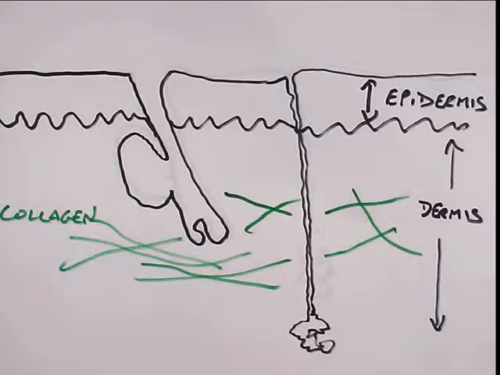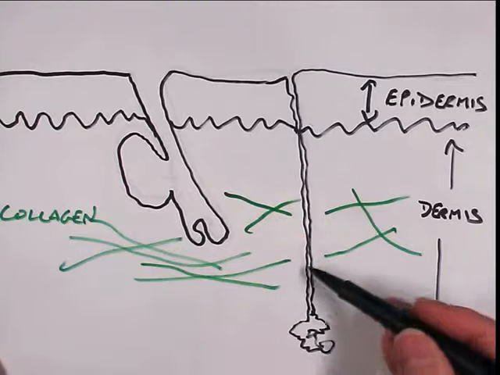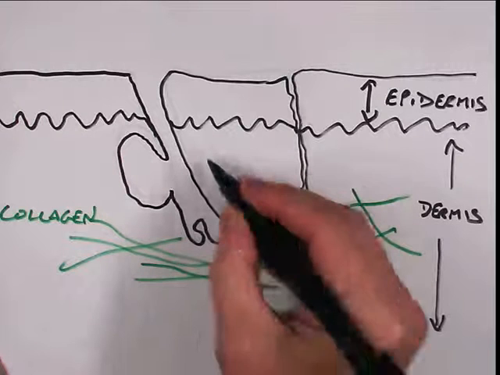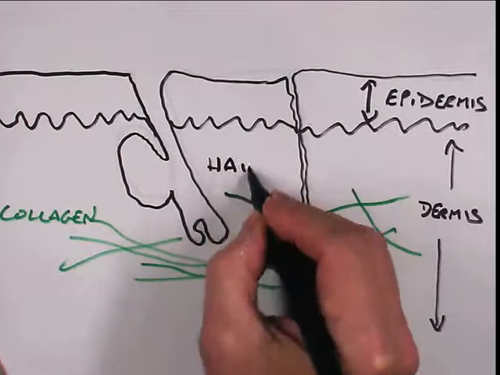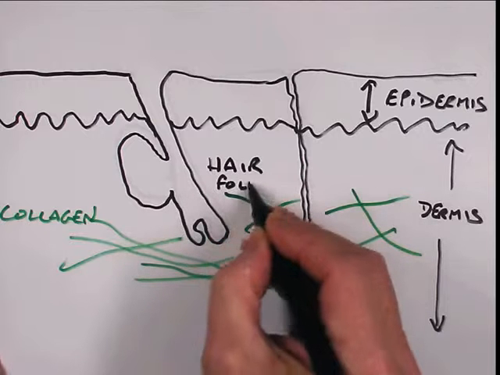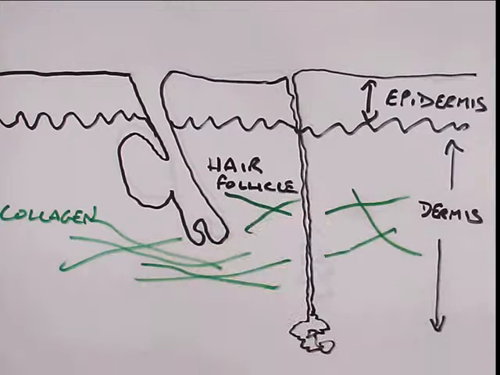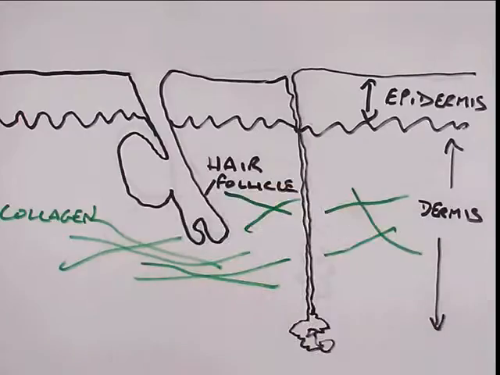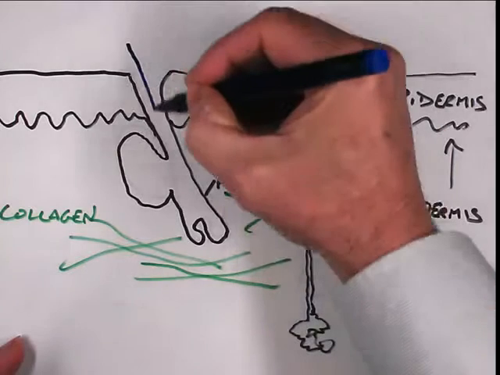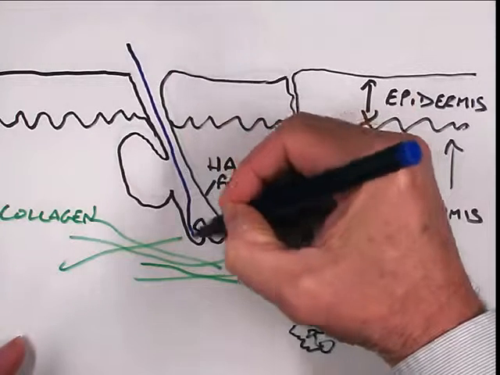One of these is a hair follicle here. If we were going to draw, we could draw hair in it if we wanted, but the hair sits in there like that.